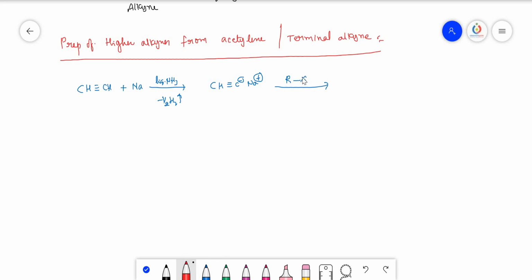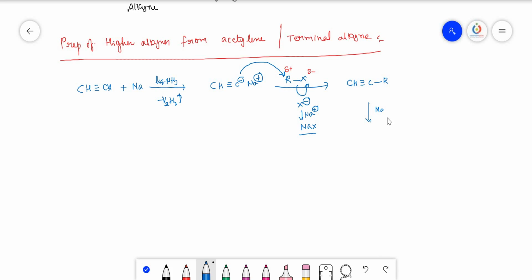In the alkyl halide, the halogen gets the partial negative charge and the alkyl part gets the partial positive charge. The reason is the halogen atom is more electronegative than the alkyl part, so it becomes a polar bond. So this negative charge attacks the alkyl part and replaces the halogen as X minus. This X minus combines with the sodium ion to form NaX, sodium halide. Afterwards, we get CH triple bond C, alkyl part this side. Still one more hydrogen is there.